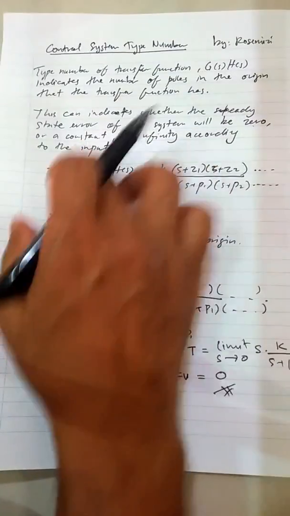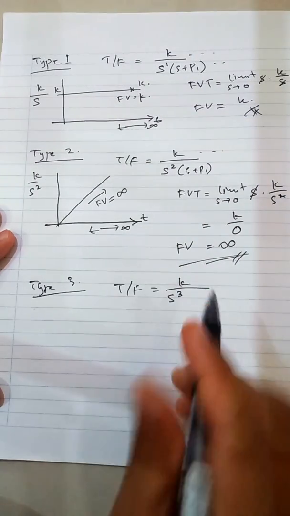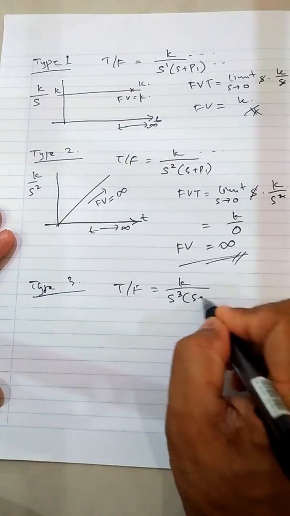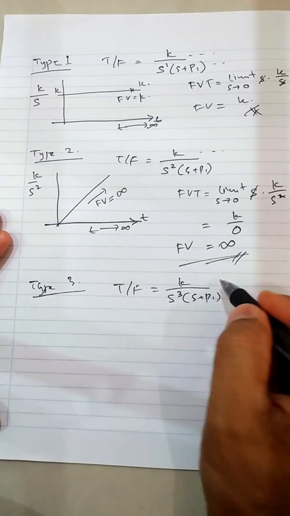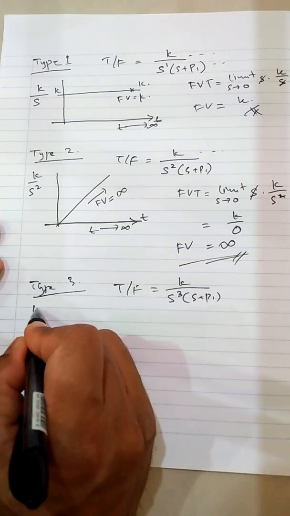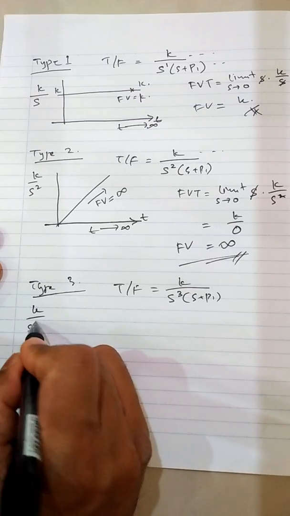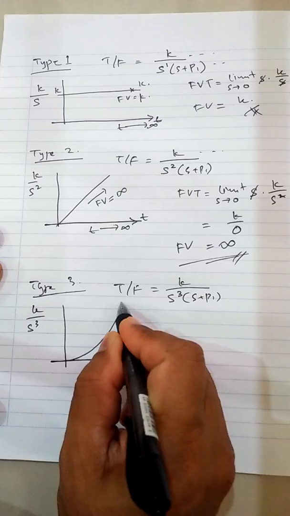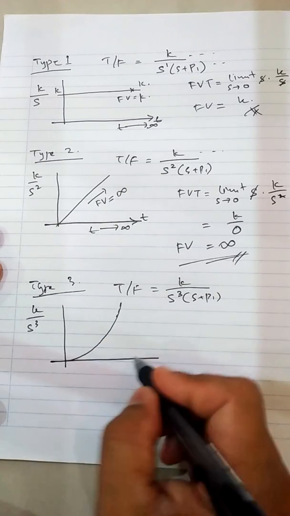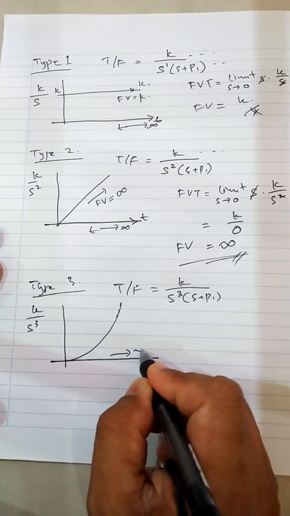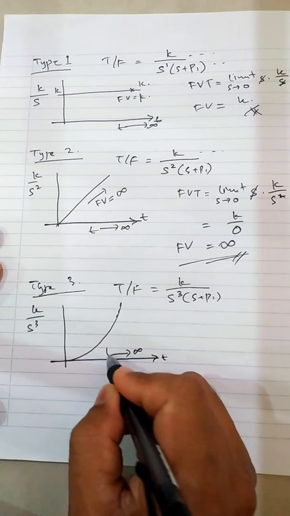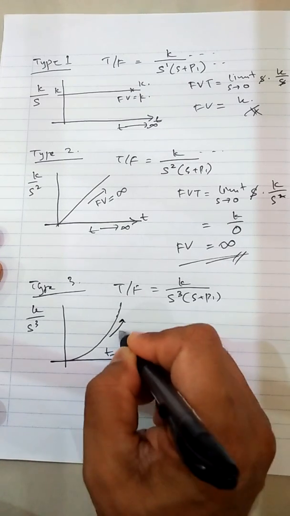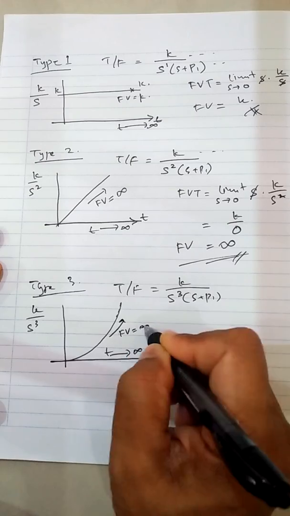So we use this standard equation. We know that K over s^3 will be like this, an acceleration graph. At t equal to infinity, our final value also equals infinity.